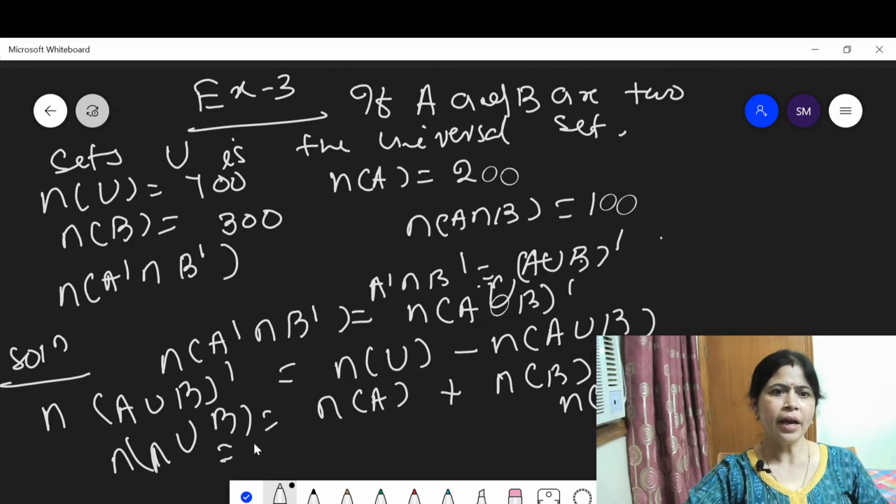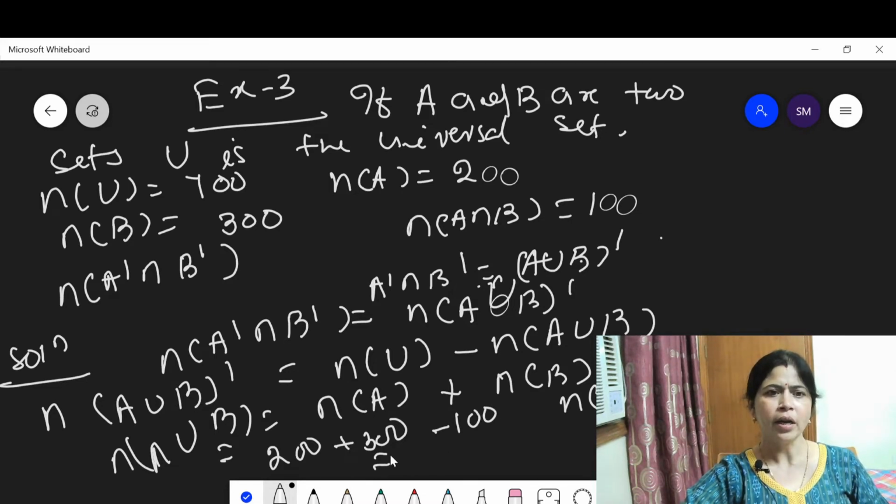Here n of A is given here 200, n of B is given here 300, and n of A intersection B is also given here 100. Then n of A union B is here 400.